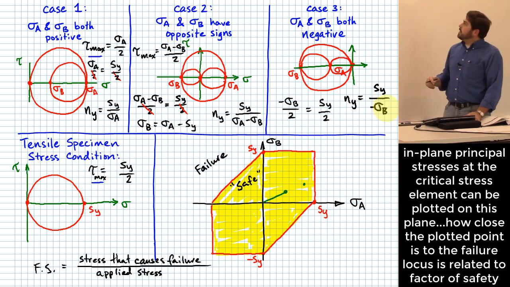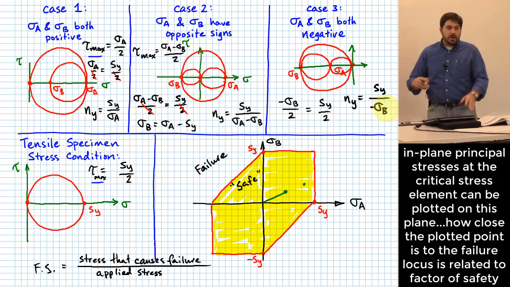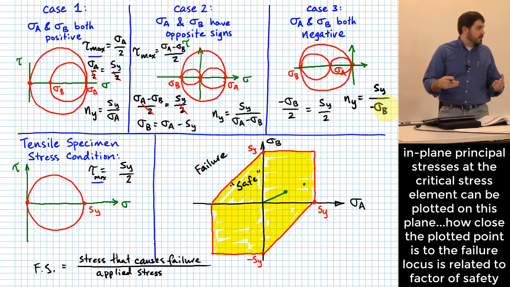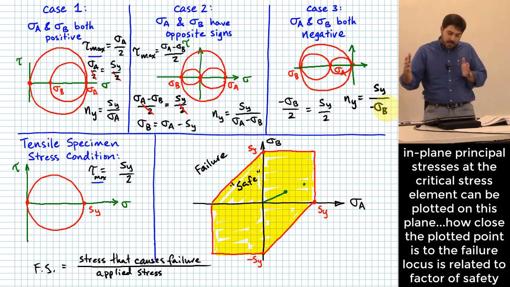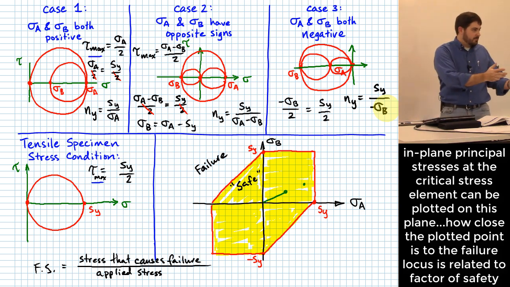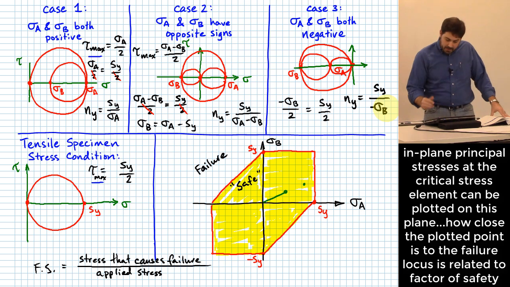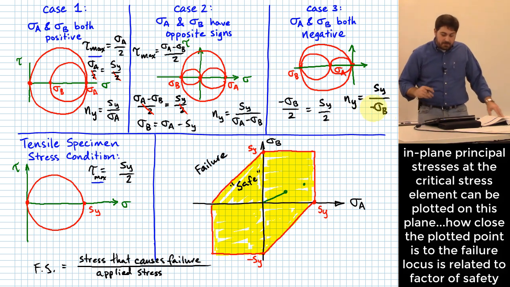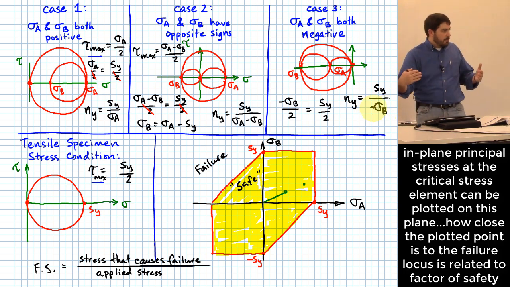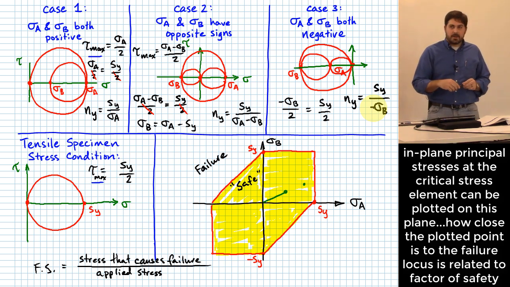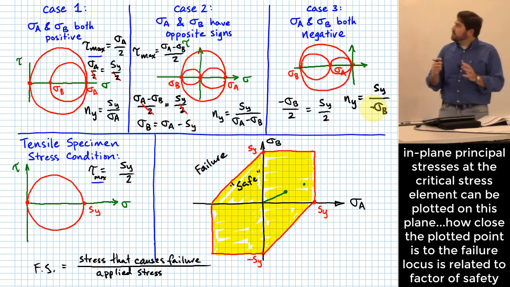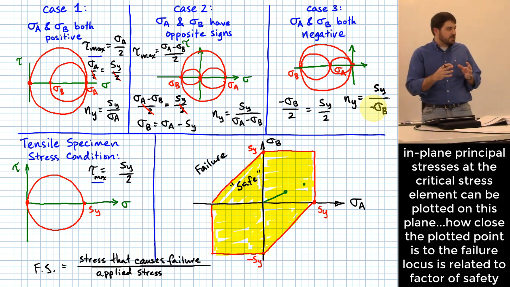You want to always make sure that you're taking the larger of the two in-plane principal stresses, larger kind of absolutely, right? So if you're in the negative direction, you want to take the one that's more negative, right? And then you'll multiply by a negative there so that you compare it with a positive value that you always have for SY. Okay? I would say try not to overcomplicate it. It's a pretty simple thing, really.